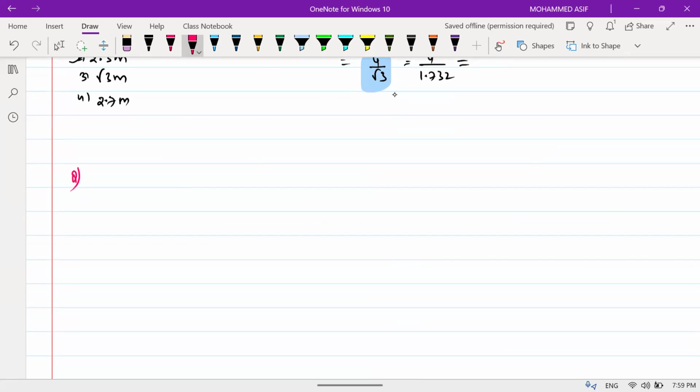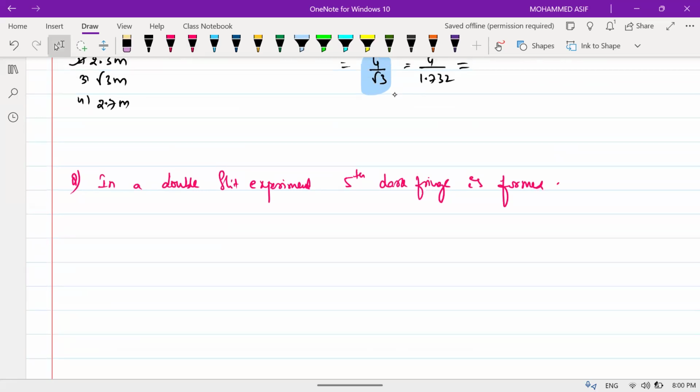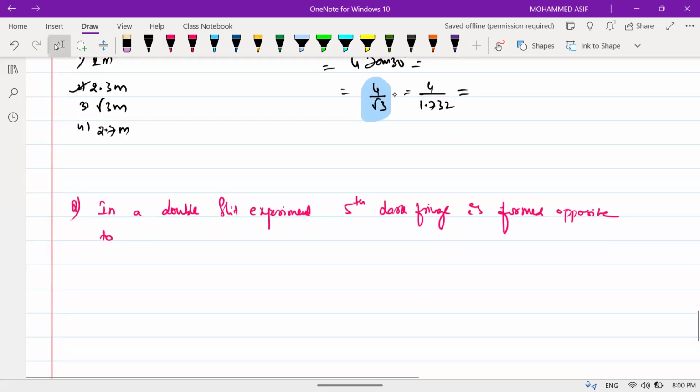This question also is a good question. In a double slit experiment, fifth dark fringe is formed opposite to one of the slits.